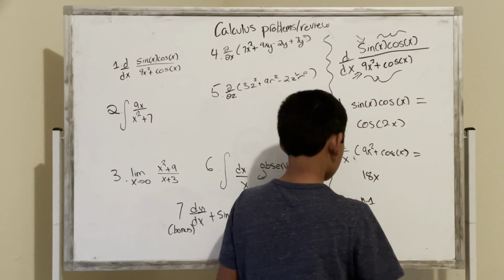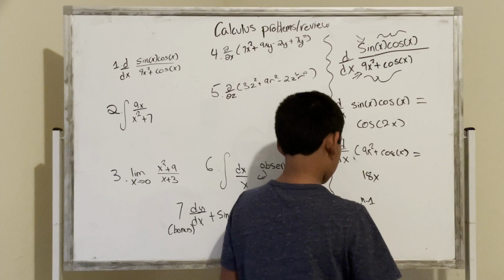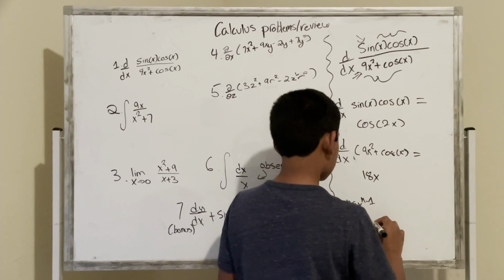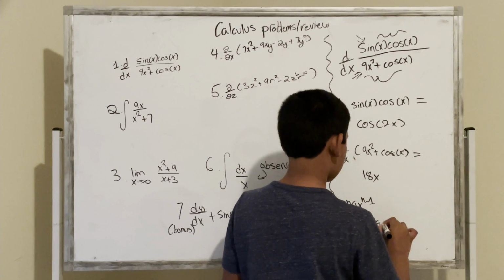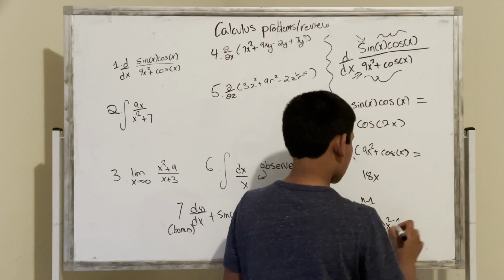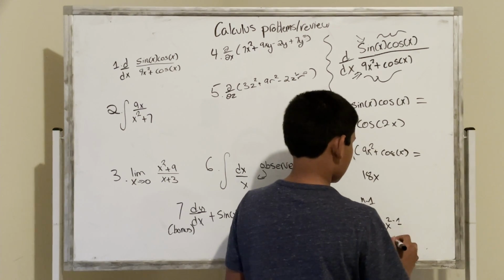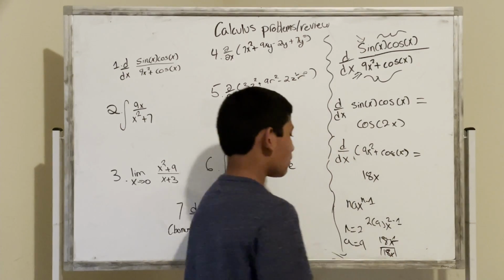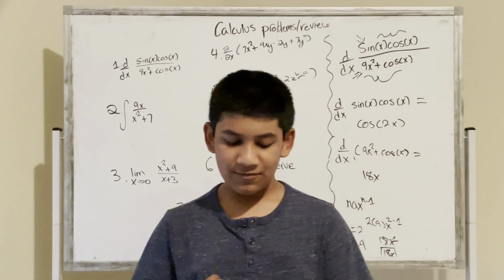If n is equal to 2 and a is equal to 9, we have 2 times 9, x to the n minus 1, which is 18x to the first power, just 18x. This is just a basic formula.